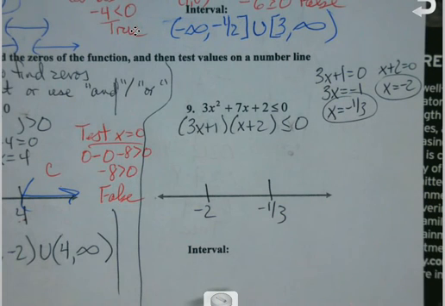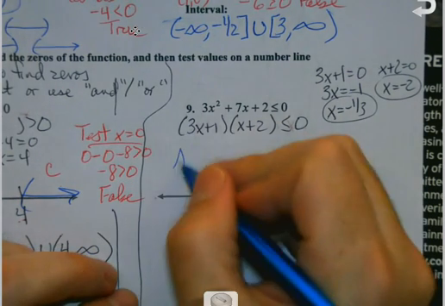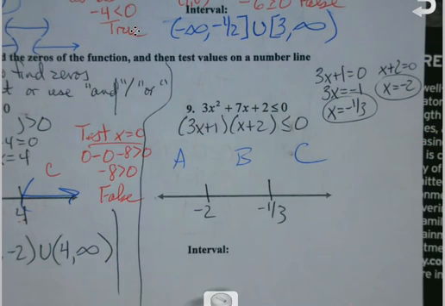Okay, and this time instead of and ors, I'm going to go straight to using a test point. So I'm going to go, okay, got my 3 sections, A, B, and C. I always want to test a point in the B section because then I only got to test once.